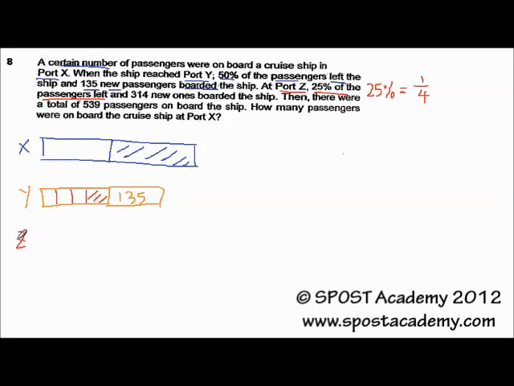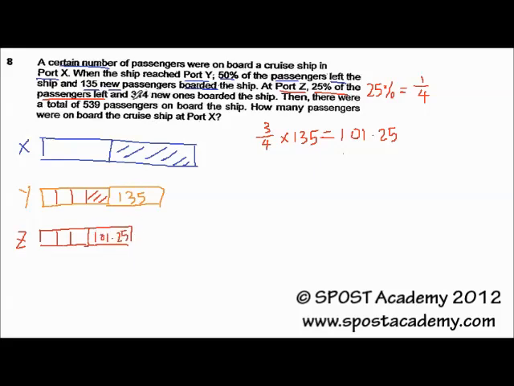So at port Z, there will only be 3 small units, plus 3/4 of this 135, which we will use, 3/4 times 135, that's left on board the ship. And that gives us 101.25. So I will get a remainder of 101.25 here.